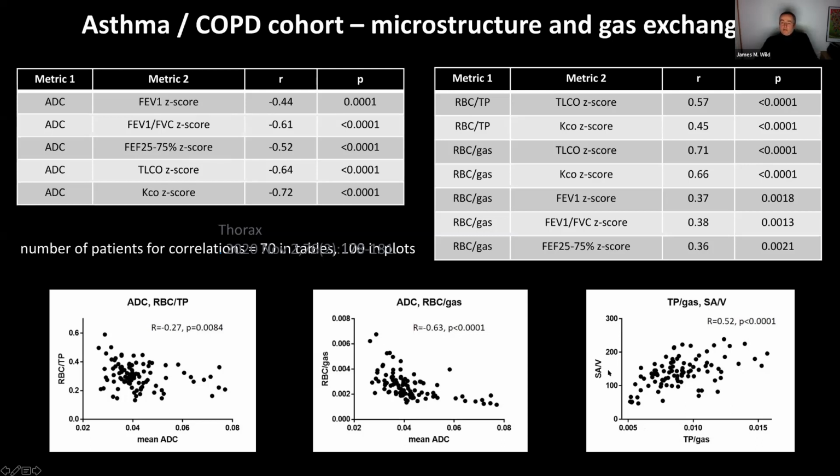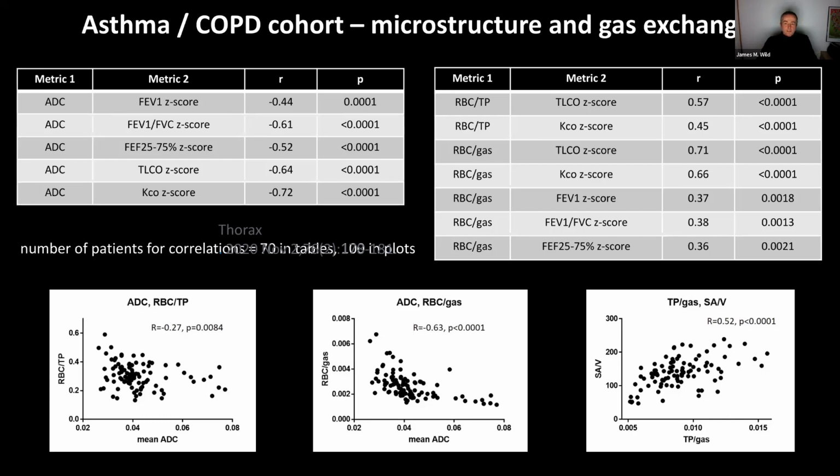If we were to explain this, we'd expect that if we've got changes in the gas exchange surface area, a reduced surface area to volume ratio due to emphysematous changes, for instance, we might expect a reduction in the ability for the xenon to get from the gas compartment into the tissue plasma compartment. So we're starting to get a feel for how the surface area of the microstructure of the lungs maps onto how the xenon gets into the red blood cells and the tissue in the lungs, to really probe regional gas exchange.